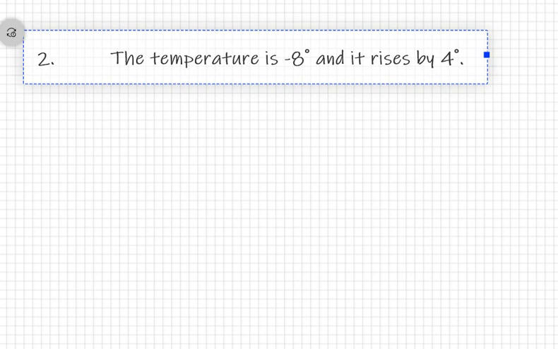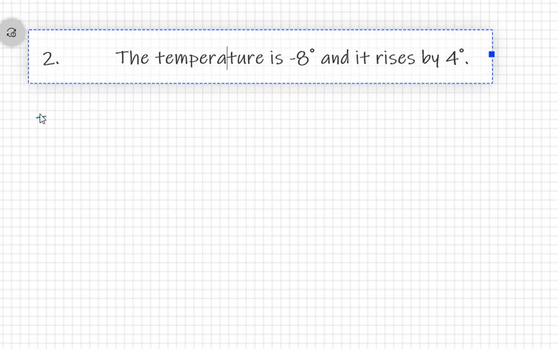Now question number 2: the temperature is -8 degree and it rises by 4 degrees. So I will write here, -8 degree is our temperature. Now it rises by, this means it is adding. When it rises or increases, it will add.